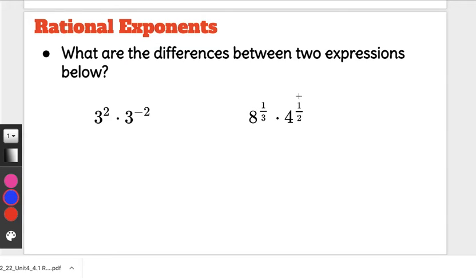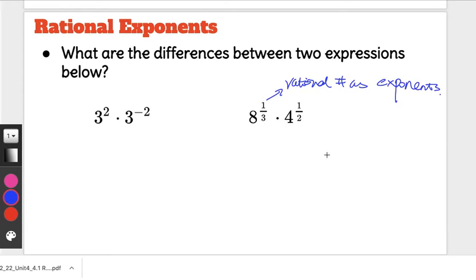However, this one, instead of just having an integer, now we have a rational number, like a fraction. So this kind of exponent is called a rational exponent. This time we have a rational number as the exponent. This is actually the big difference here. So that's why we call it rational exponents.